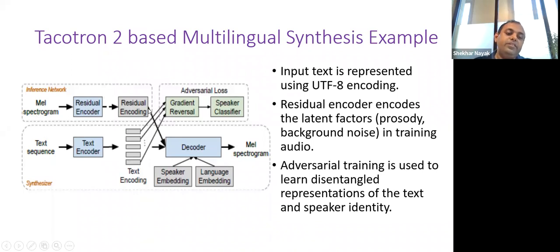You use this residual encoding and the text encoding in a decoder which produces the Mel spectrogram, and it uses speaker and language embedding. The language embedding gives the language information, and the speaker embedding gives the speaker information in which the spectrogram should be synthesized.